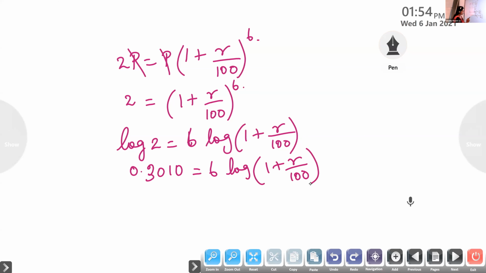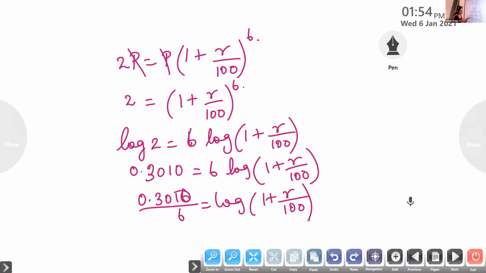So the 6, if you take to the other side, 0.3010 by 6 is log of (1 + R/100). So now divide this. What is 0.3010 by 6?